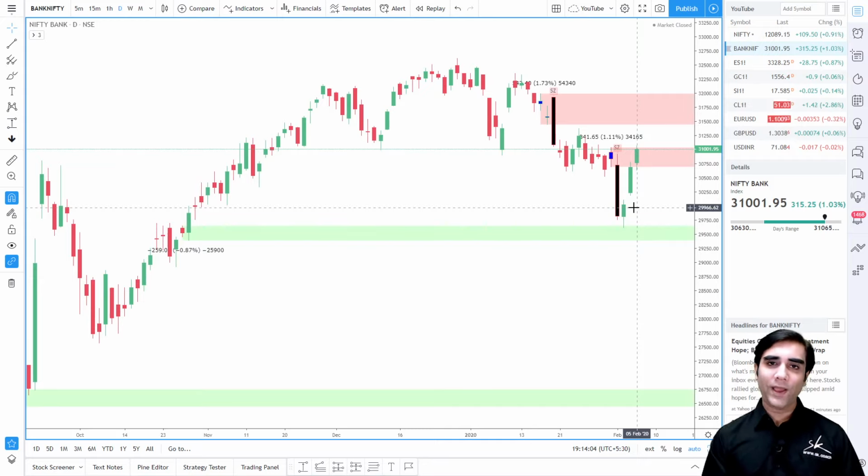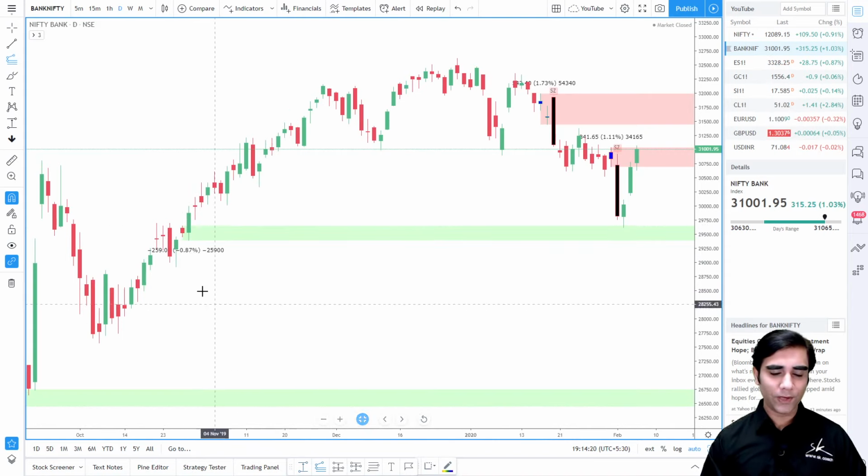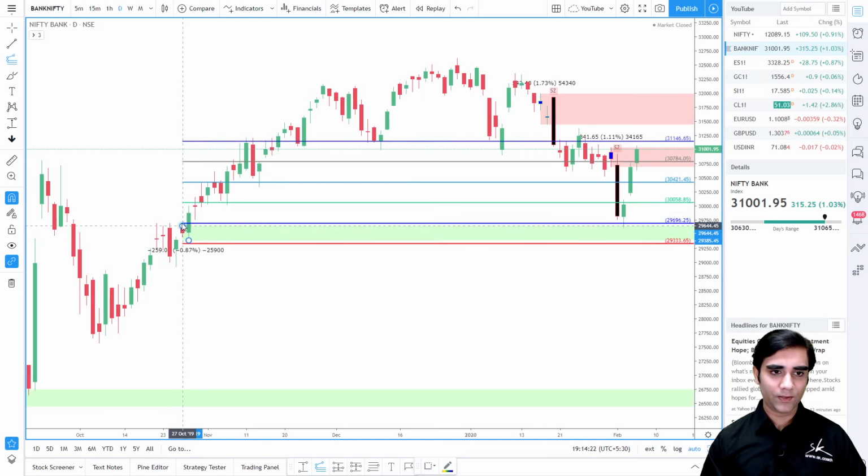This is why demand and supply is a methodology where you can pre-plan your trades. Even before you enter the trade, you get to know what your reward to risk ratios are. If I want to quickly see my reward to risk ratio, let me draw this tool which I have modified to help me understand it. You can see this is 1:1, 2:1. We had almost a 3:1 reward to risk ratio on that trade.